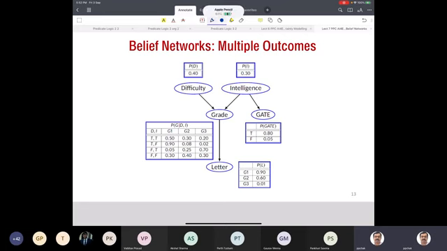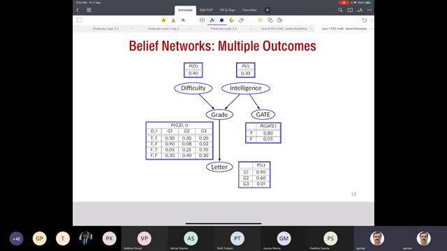That means here is your class test: difficulty, intelligence, grade, gate, letter, whatever. So let us look at difficulty, intelligence, grade. This part only. So here the outcomes are 3.